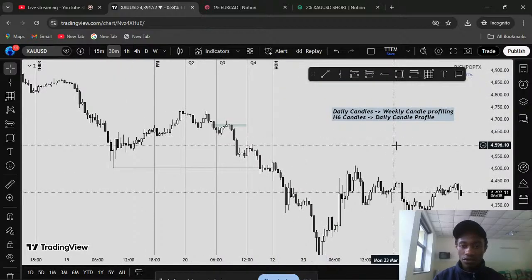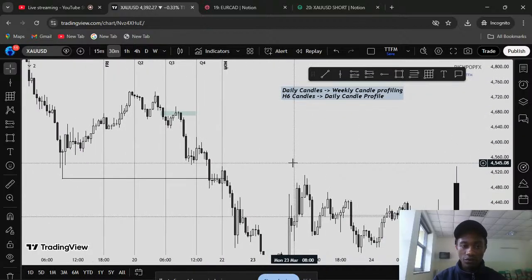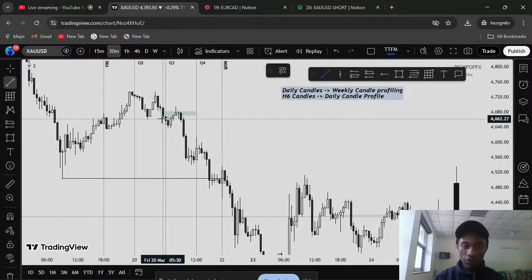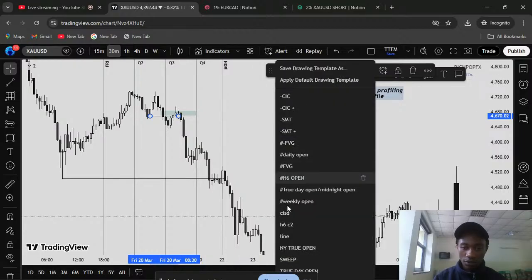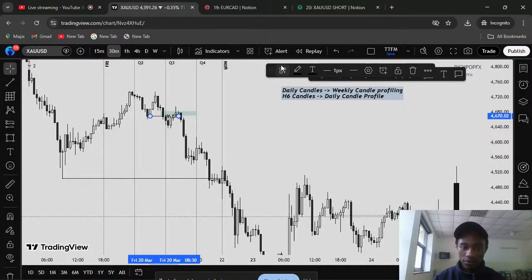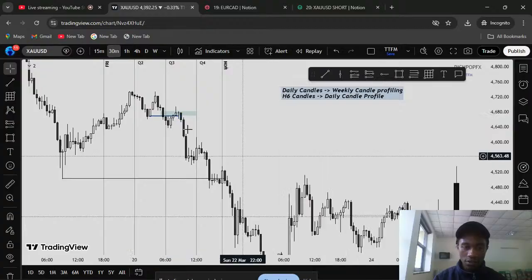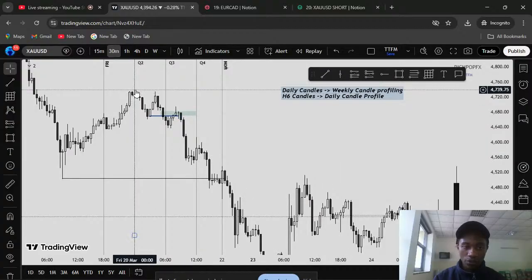Why? Because we had this beautiful continuation signature before New York open. I'm sorry, I mean, changing the state. Okay, we had this.